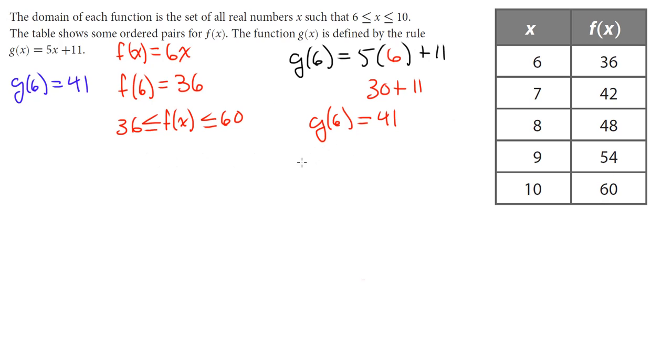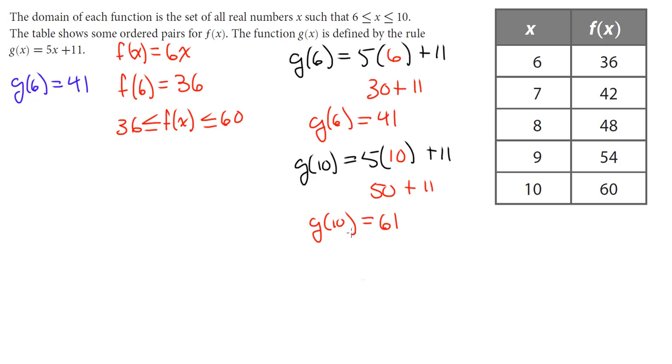So we have to write here g of 10, because that's our highest input value, equals 5 times 10 plus 11. Well, 5 times 10 is 50, and 50 plus 11 is 61. So our range for g of x is all real numbers such that g of x is greater than or equal to 41 and less than or equal to 61.